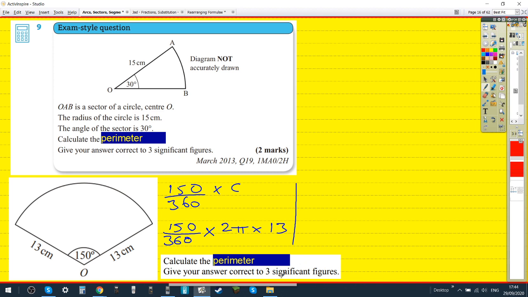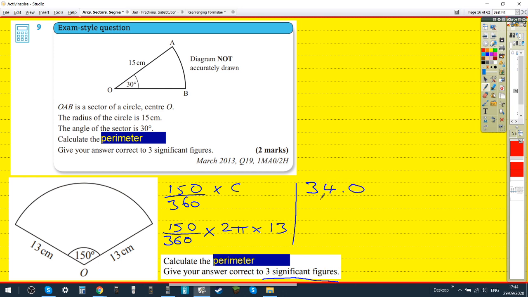What do you get for that one? 3 sig fig. 3. So, let me type it. So it would be 34.03.